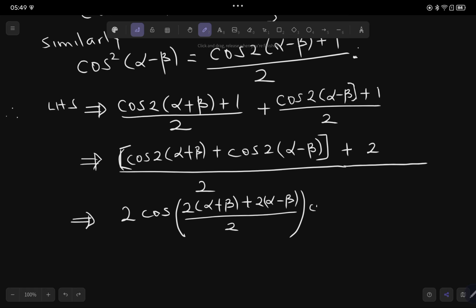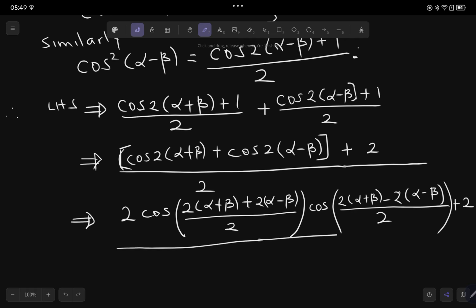Then cos again, (2 alpha plus beta, this time minus 2 alpha minus beta) over 2, plus our 2. Do not forget it. Everything here is out of 2.